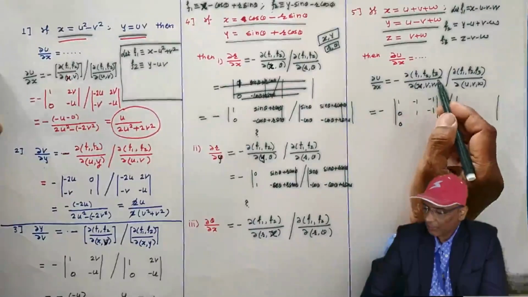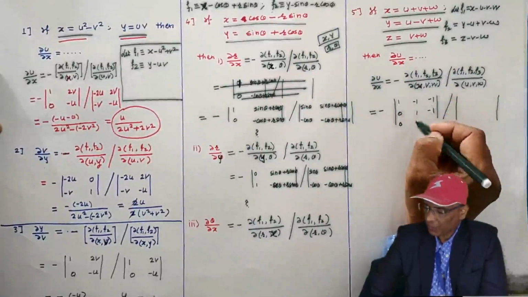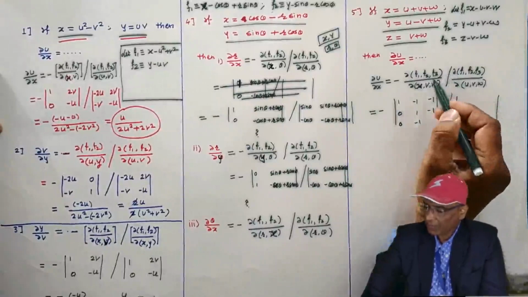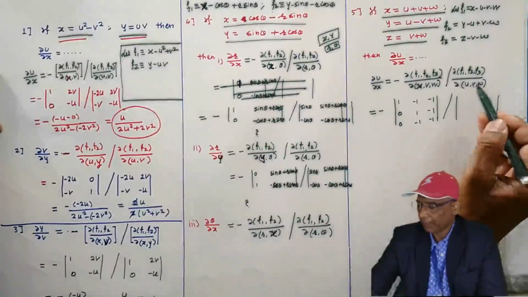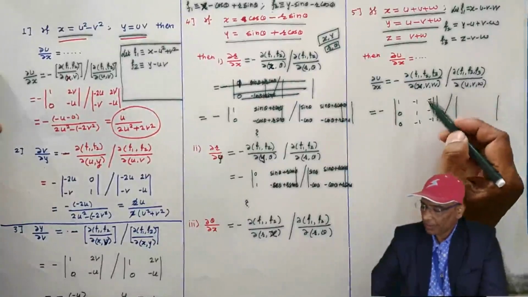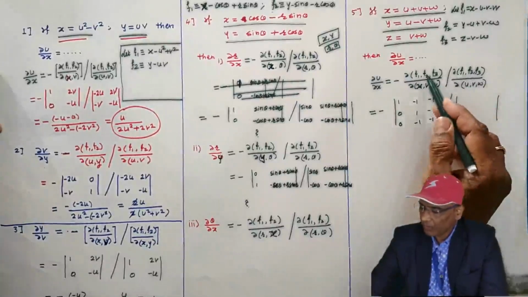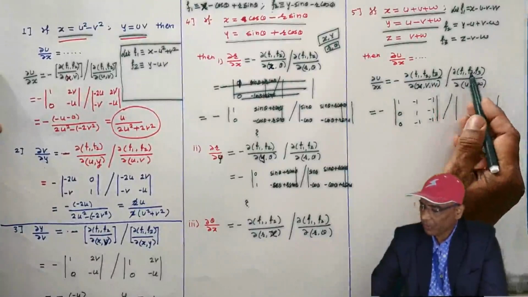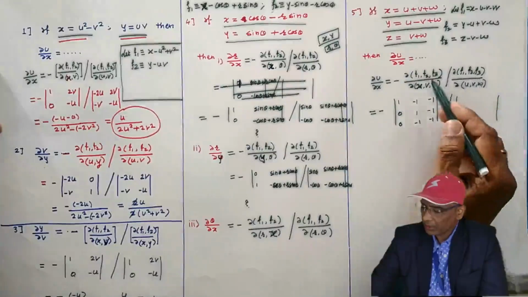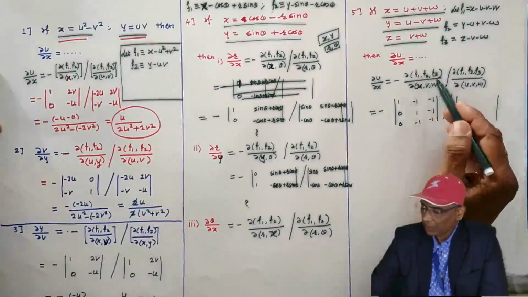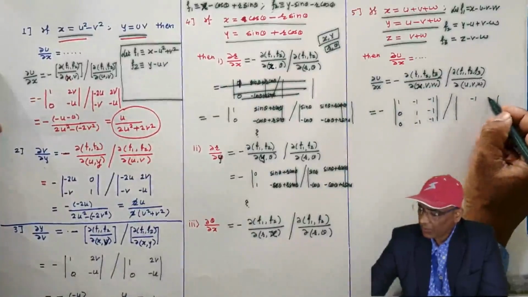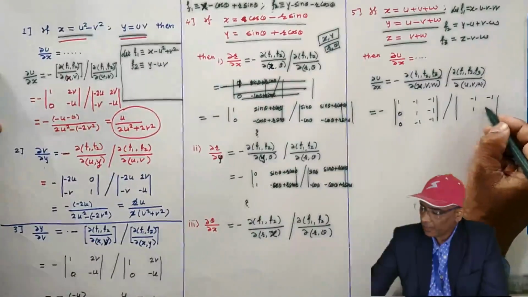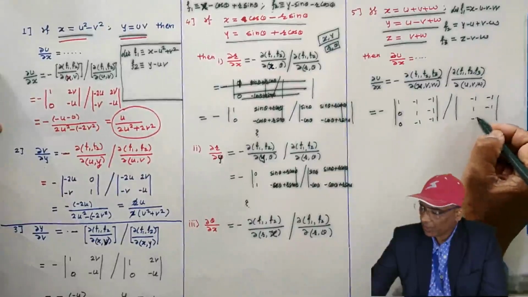The derivative of f3 with respect to v is minus 1. The derivative of f3 with respect to w is minus 1. Now here, see, f2v, f3w, f2v and f3w. Okay, other than the first column, these two columns will be the same. I am going to write it as it is, or you can find it by procedure: minus 1 and minus 1 like that.